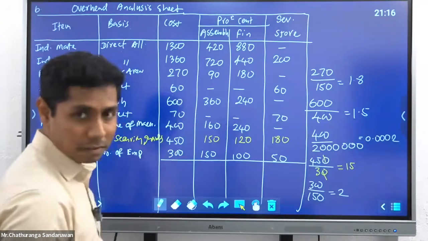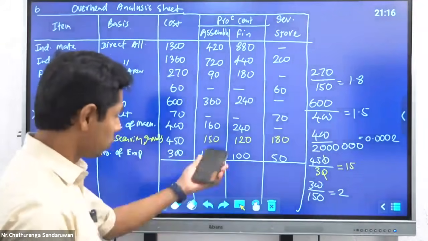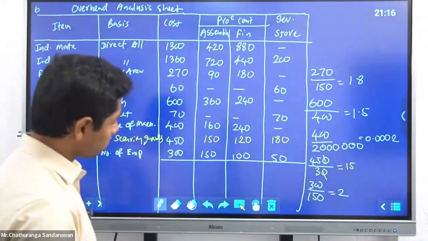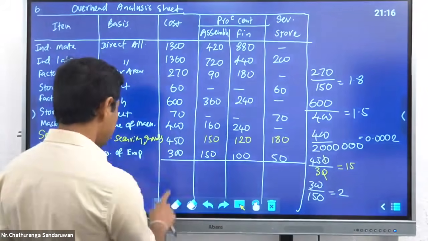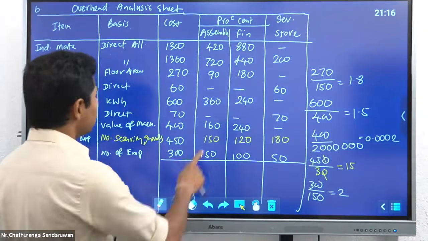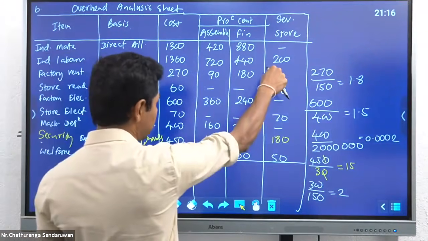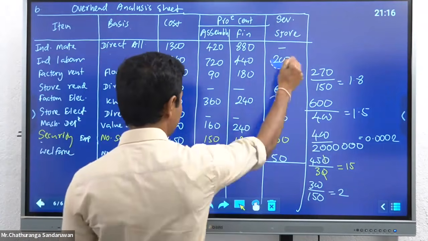Can you do another change? Because otherwise you get fractions, right? Decimals. I'm not sure about this figure. Can you make this change as well? In the paper, can you make this indirect labor cost into 190? Right? Instead of 200, can you make it as 190?